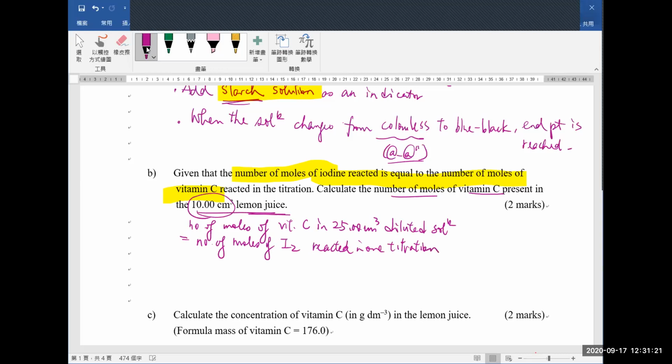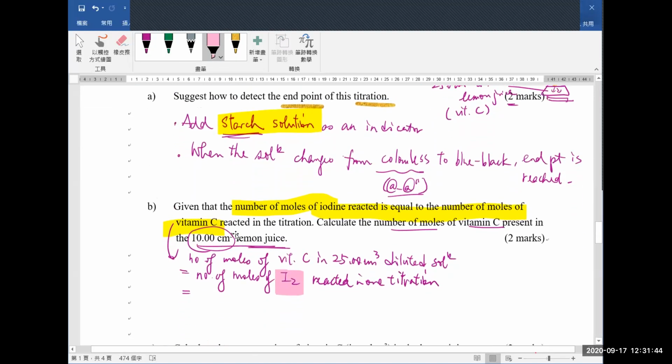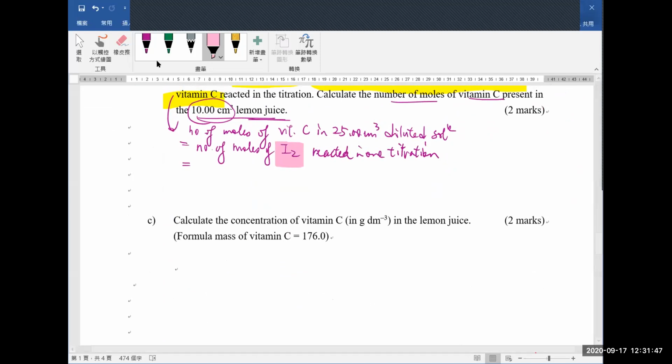That statement, I just copy it down from the question. And because I see the word iodine, I check the data about iodine. What do you get? 0.0200 mole per dm cube for iodine, 15.00 cm cube. So this is the data: 0.0200 mole per dm cube, molarity, times volume, 15.00 times 10 to the power minus 3 dm cube for iodine.